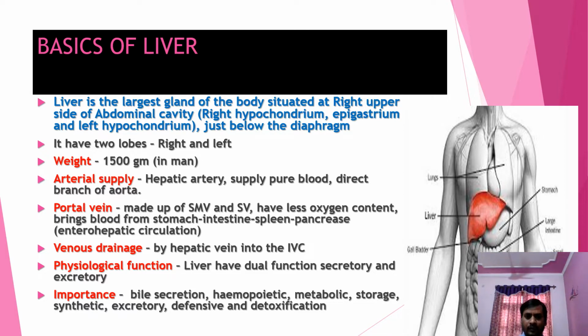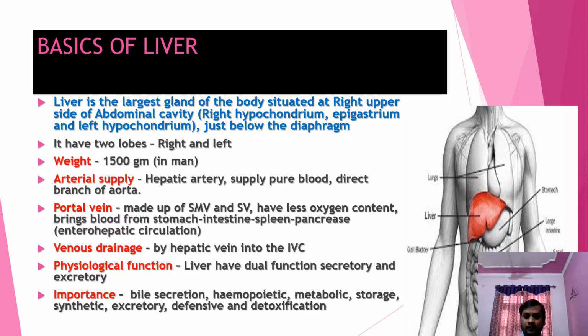Next, the portal vein, which is made up of the superior mesenteric vein and splenic vein, has less oxygen content and brings blood from the stomach, intestine, spleen, and pancreas to drain into the liver. Venous drainage is by the hepatic vein, which finally goes into the inferior vena cava.